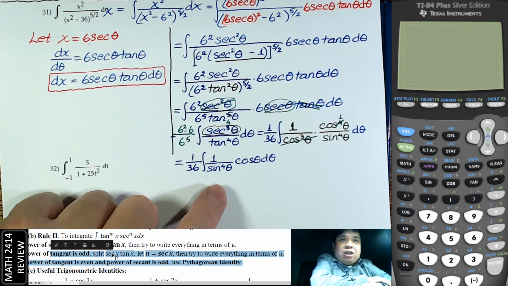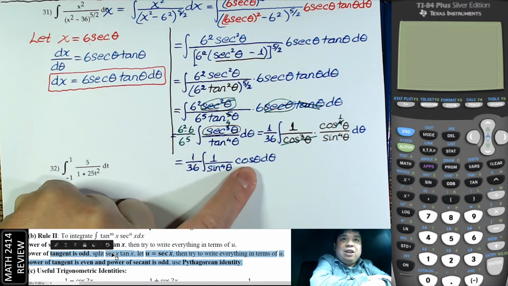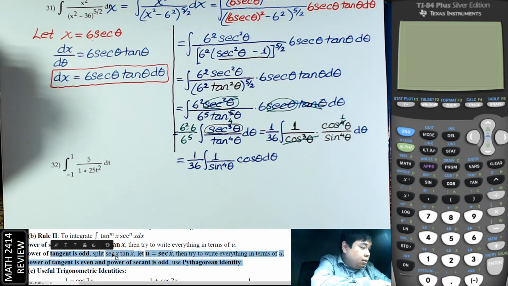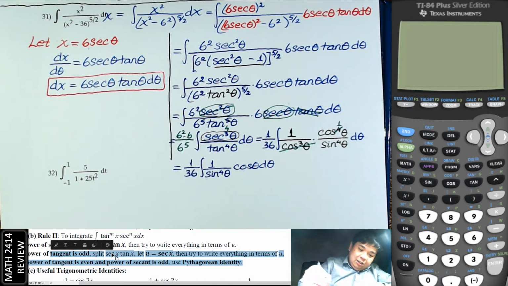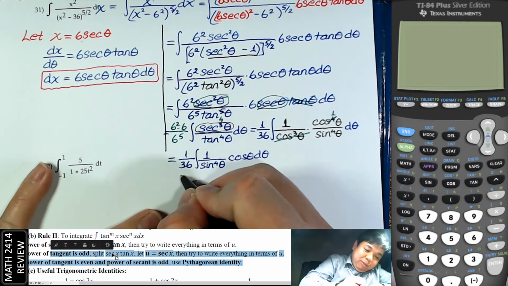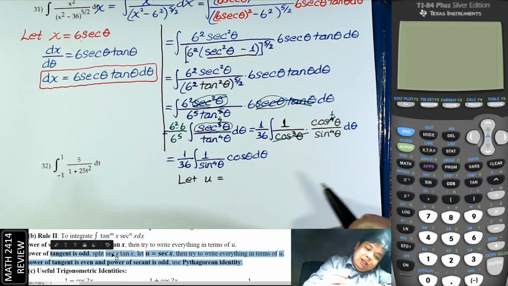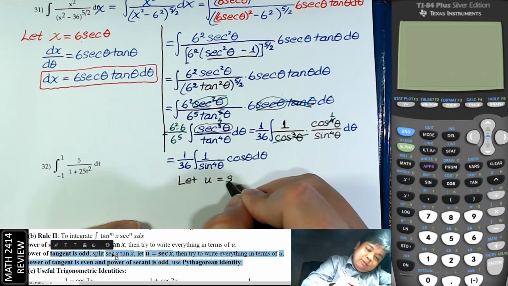Now this one is an obvious substitution. If we let u equal to sine, we have du there. Let u be sine of theta.